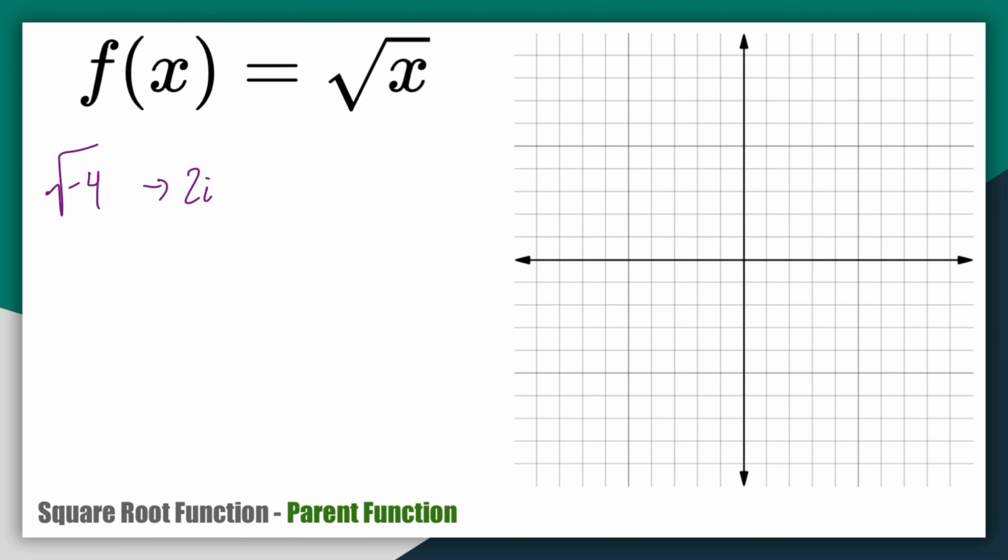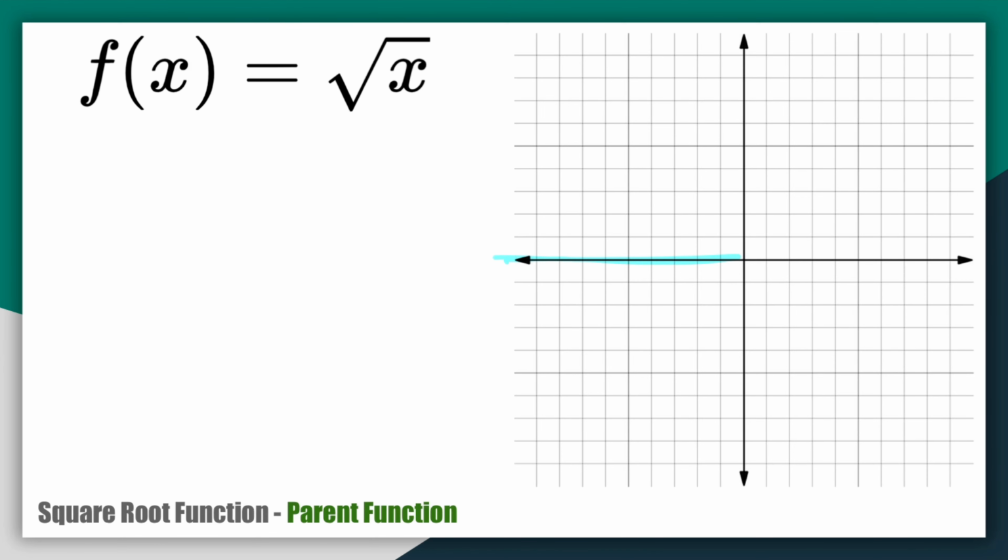There are ways to graph imaginary numbers, but we don't really see them here. So what you're going to notice with this square root function is that we can't input any negative values. So all these values over here can't be inputted for the parent function. Obviously, if we shift things, if we subtract some stuff within the radical, that could change, but for the parent function, we can't put any of those in.